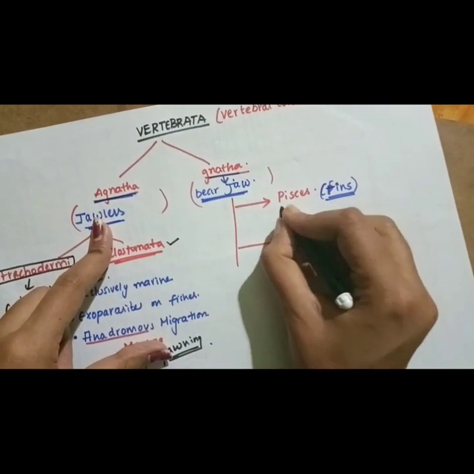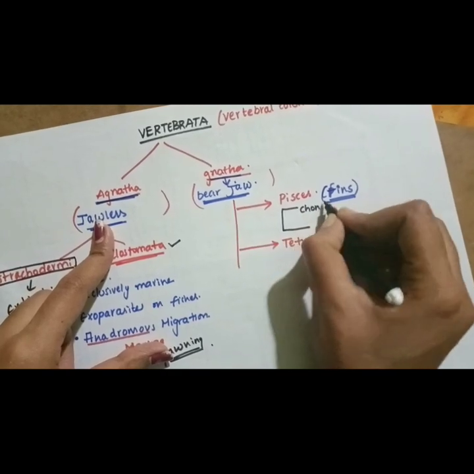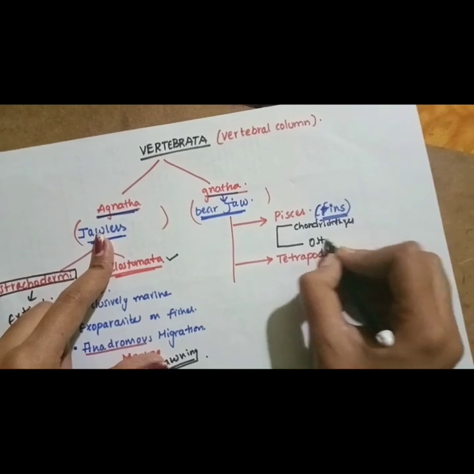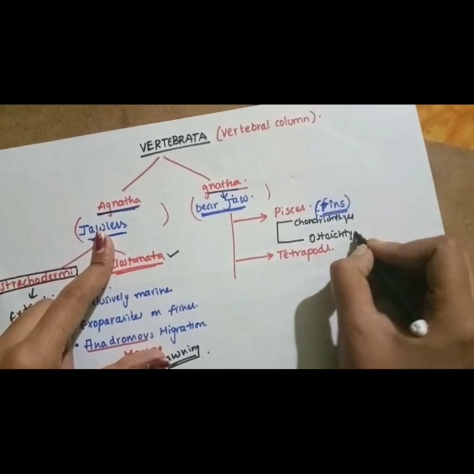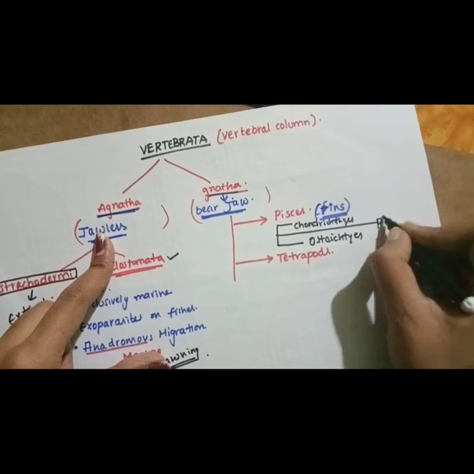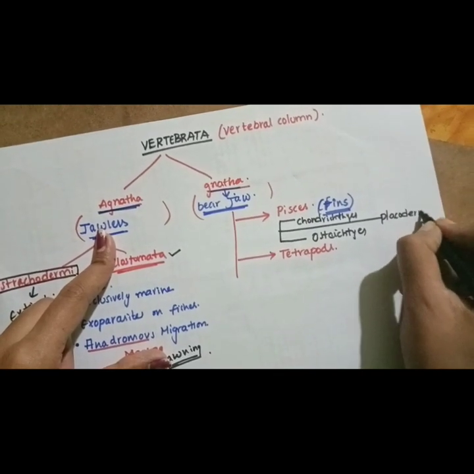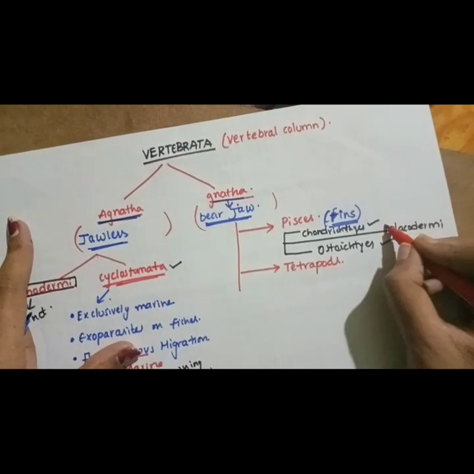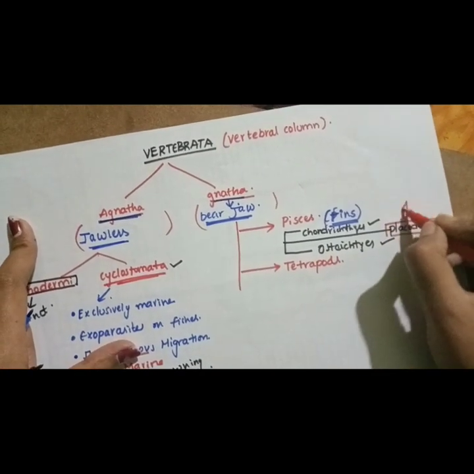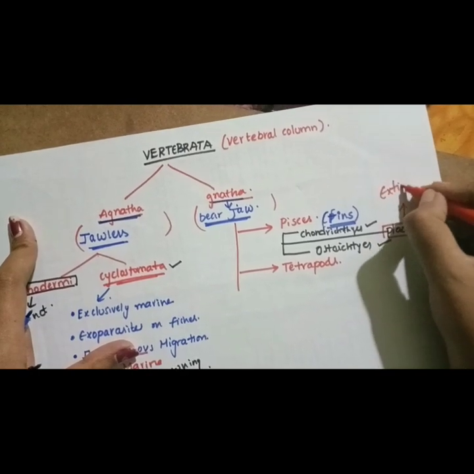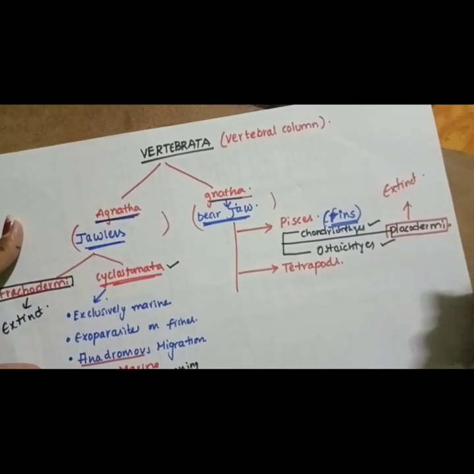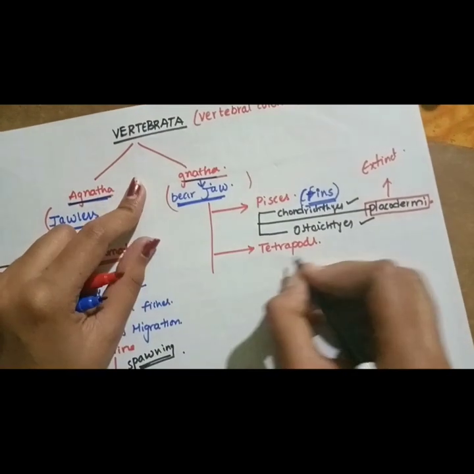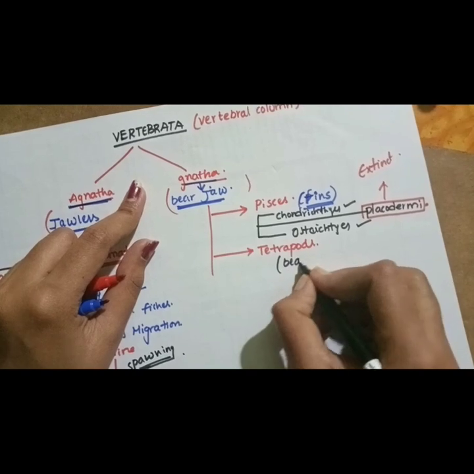The Pisces is again classified into chondrichthyes, that means cartilaginous fishes, and osteichthyes, bony fishes. And a third one is also there, placodermy, but placodermy is not discussed in NCERT because it was extinct. Two extinct classes are there, that is ostracodermy in jawless fishes and placodermy in Pisces, right?